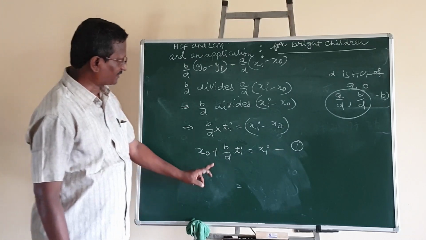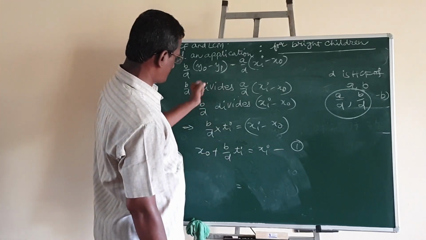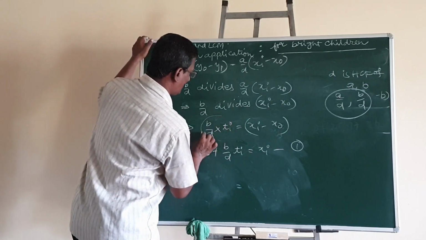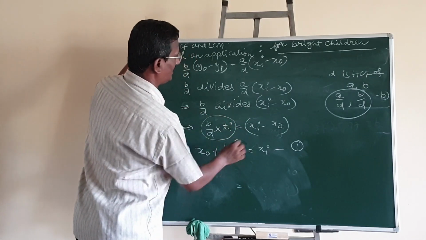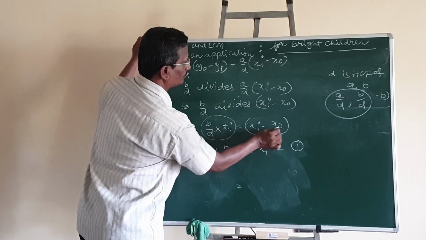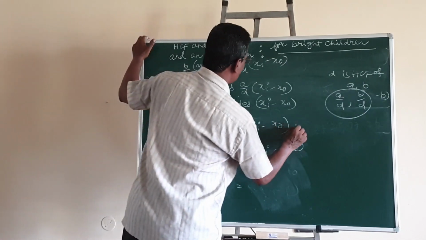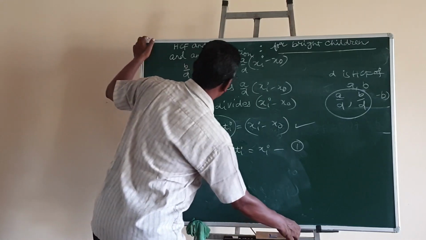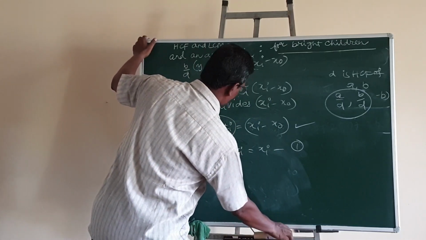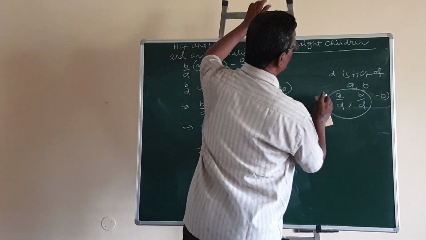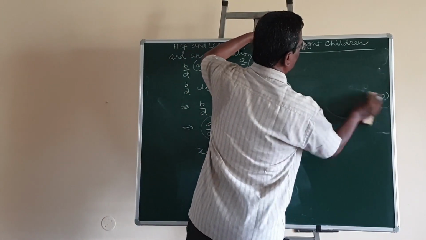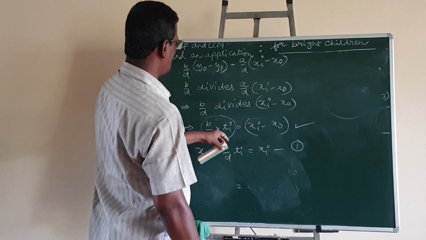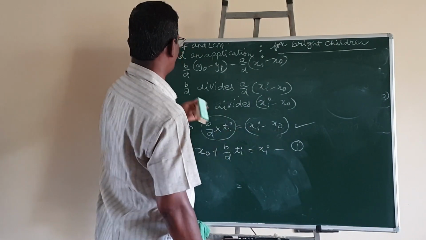Now this value of xi, if you substitute, b by d into ti is equal to xi minus x0. This on substituting here, let us see what is going to happen. In this equation, b by d into ti is equal to xi minus x0.